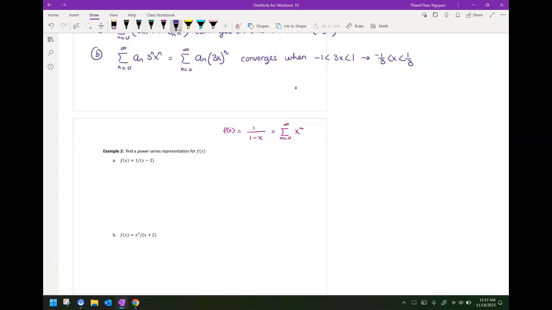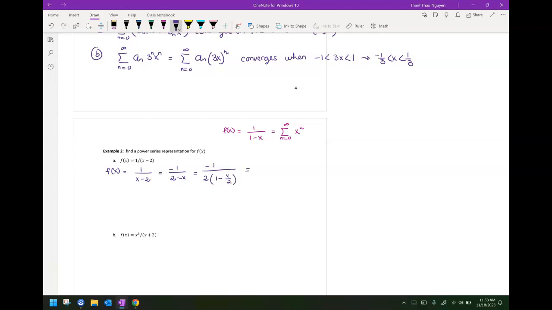I will go ahead and rewrite this f of x. F of x now equals 1 divided by x minus 2. This is the same as saying negative 1 over 2 minus x. So negative 1, factor out 2, over 1 minus x over 2.